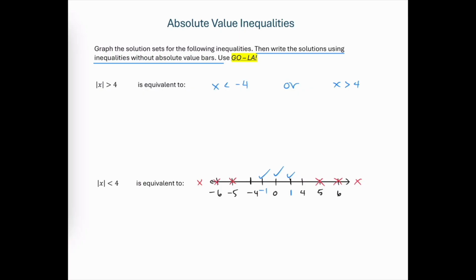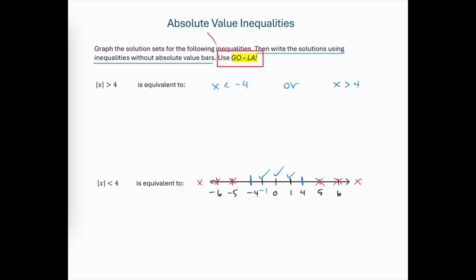And this time we have two options for how we're going to do that. One is to say that the x values that solve the original inequality are those that are both at the same time less than positive 4 but also greater than negative 4. So we could use a compound inequality to describe this interval.